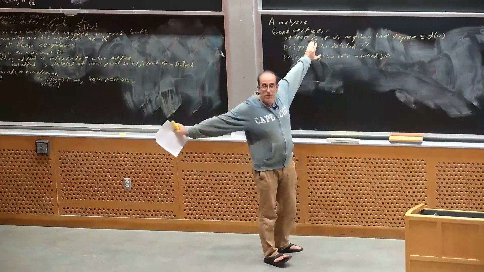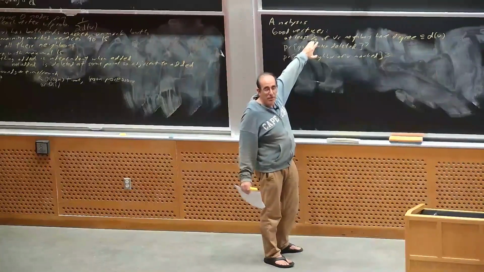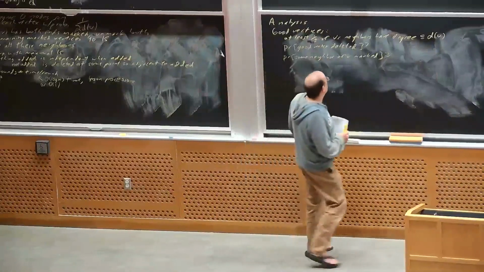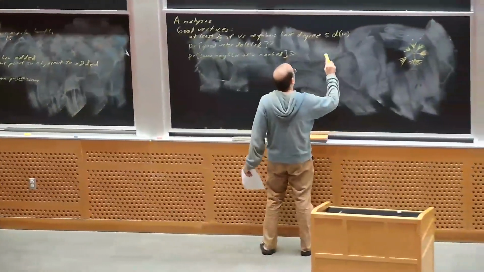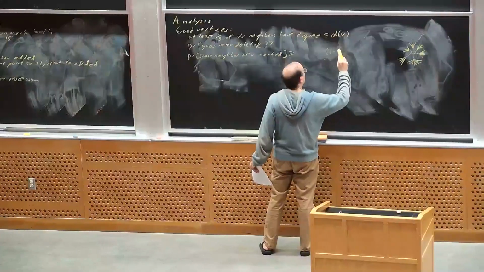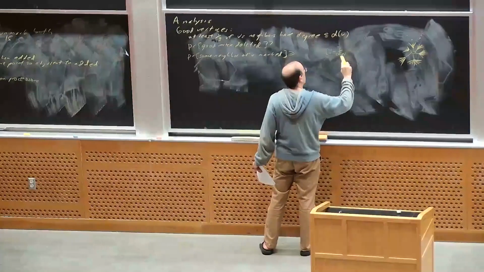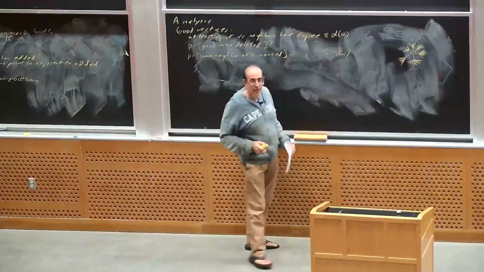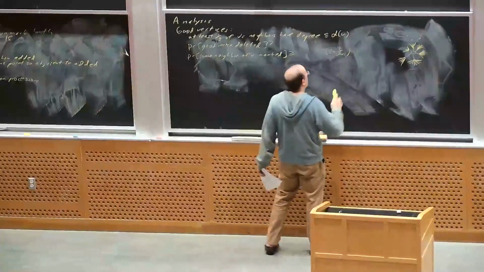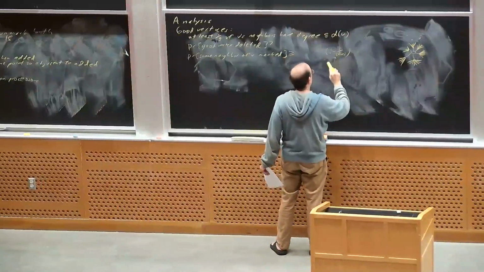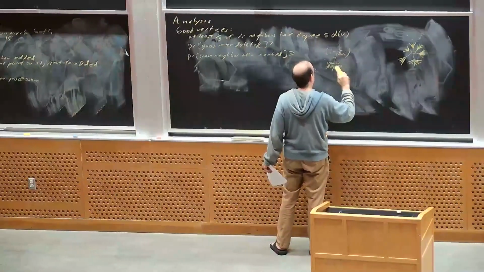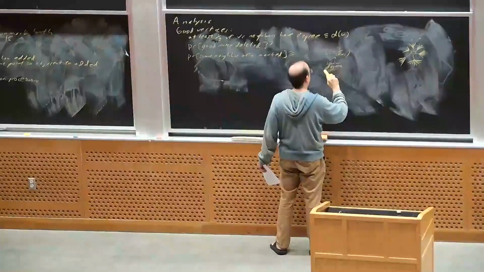And just as we did with Ethernet and so on, we need to phrase it in terms of not getting marked, a complementary event. So the probability that a particular vertex does not get marked is 1 minus 1 over d of v. Sorry, these are the lower degree neighbors.